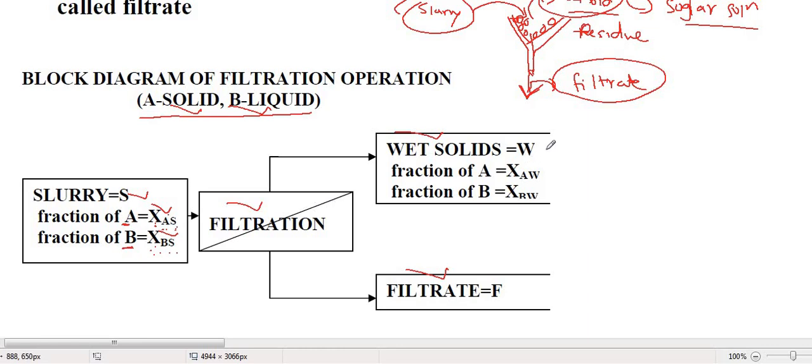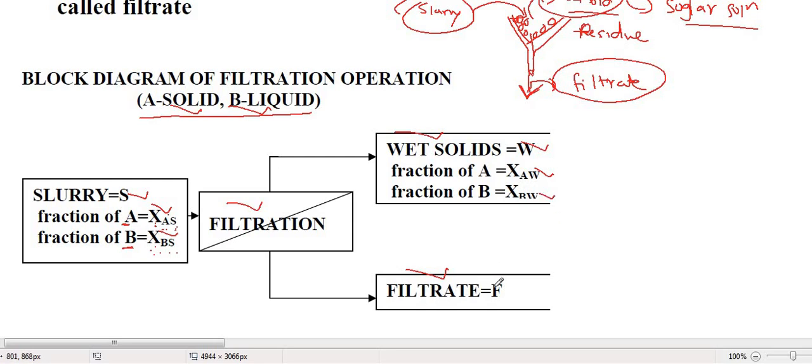Coming to the wet solid, it is given by symbol W. Fraction of A in wet solid is given by XAW. Fraction of B in wet solid is given by XBW. Okay.